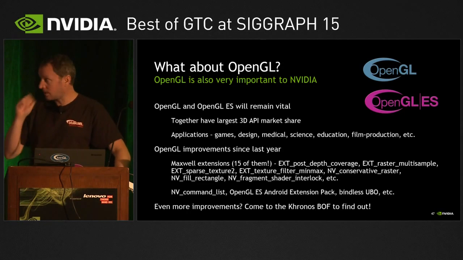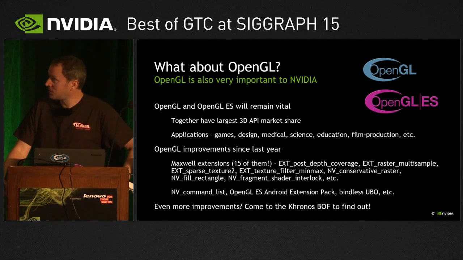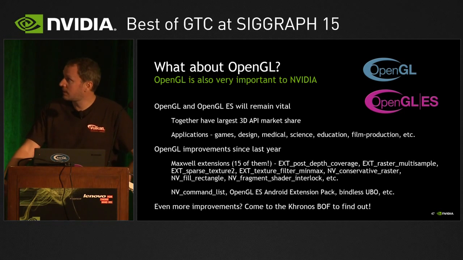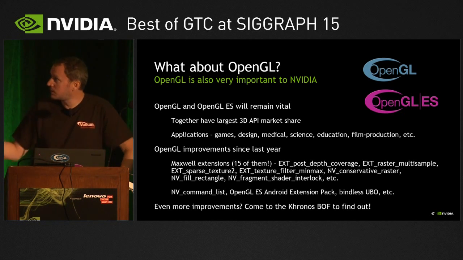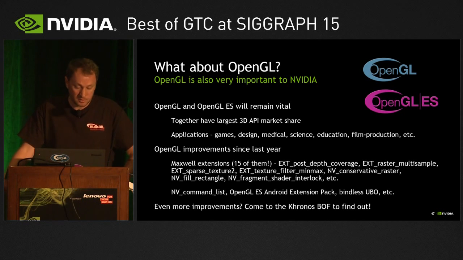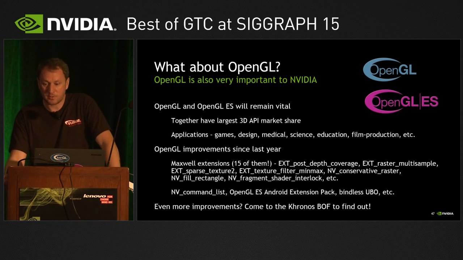But what about OpenGL? Well, OpenGL is also vitally important to NVIDIA, and it always will be. Together, OpenGL and OpenGL ES still remain the largest 3D API in the market. And we support all these different kinds of applications, and we will continue to do so. In fact, this year, since Vulkan efforts started in June last year, we've still been putting a lot of effort into improving our OpenGL.